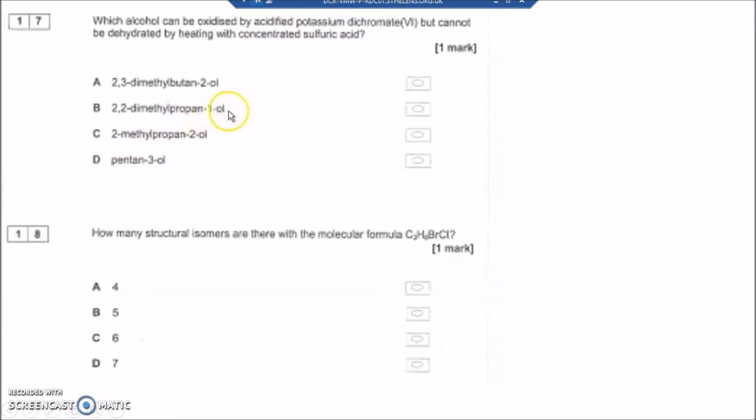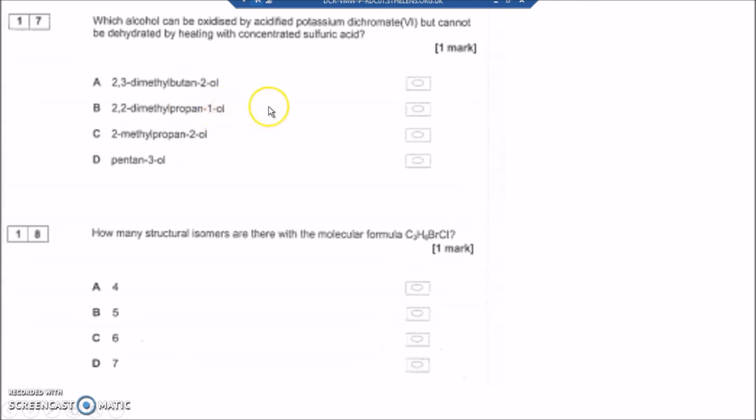So what you need for the concentrated sulfuric acid, what it does is it removes water and dehydrates something, removes water by removing an OH from one carbon and removing an H from the neighbouring carbon. So you need an H on a carbon, and on the neighbouring carbon you need an OH. So presumably one of them hasn't got an H on the neighbouring carbon. Let's have a look.